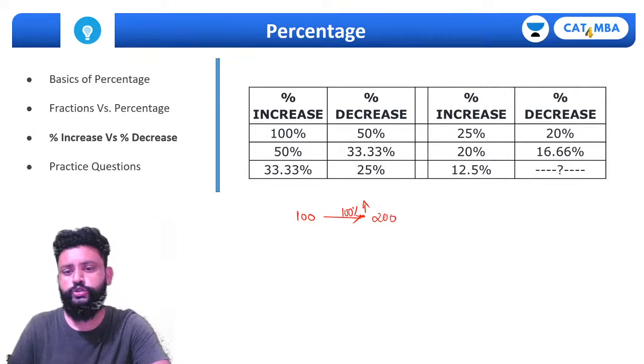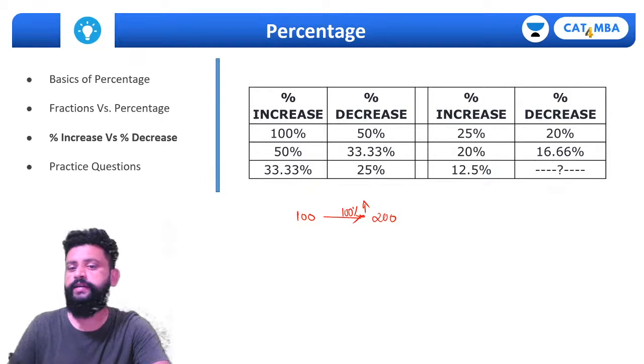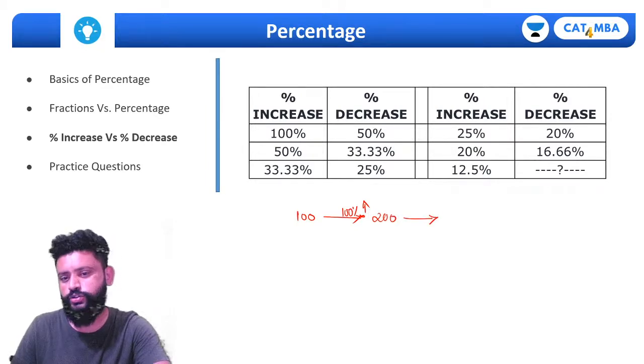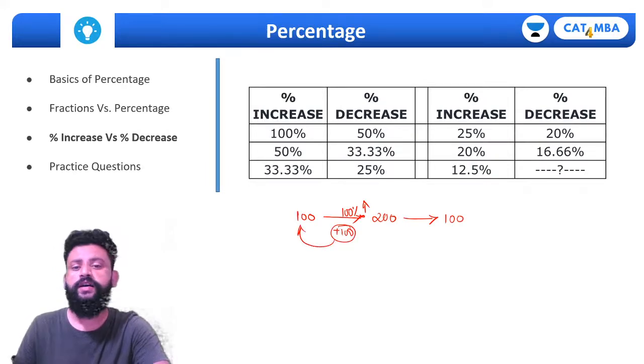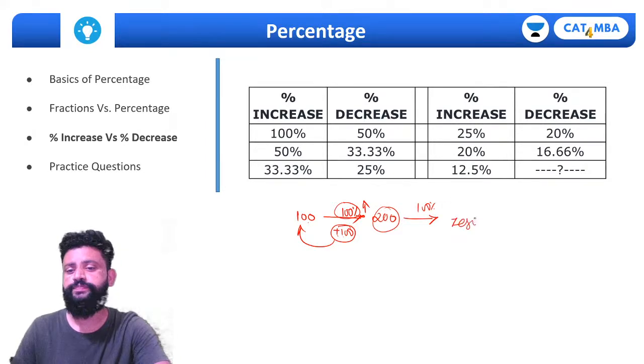That will be 200. 100 doubled becomes 200. Now if I want to get back to the original value, I need to decrease it to 100 again. Here we increased by 100, and that 100 was compared with 100, that is 100%. Now don't tell me I will decrease by 100% here and get 100. If you decrease 200 by 100%, it will directly become 0. I want this value to be 100.